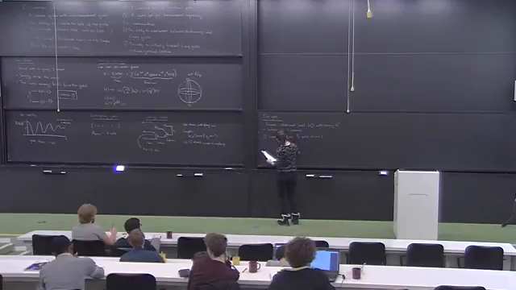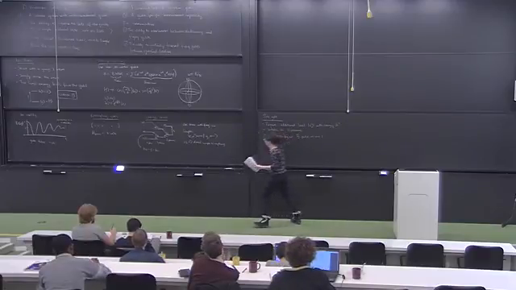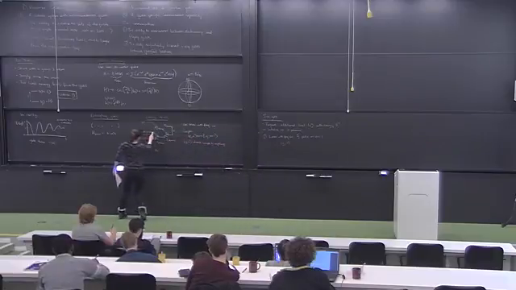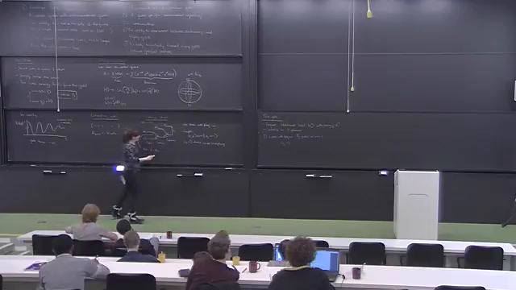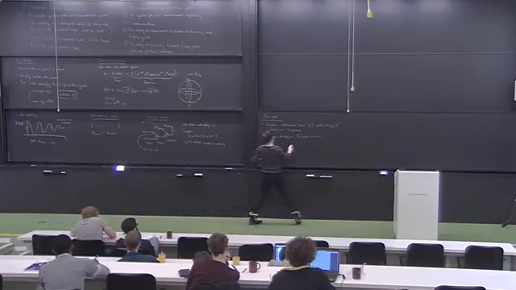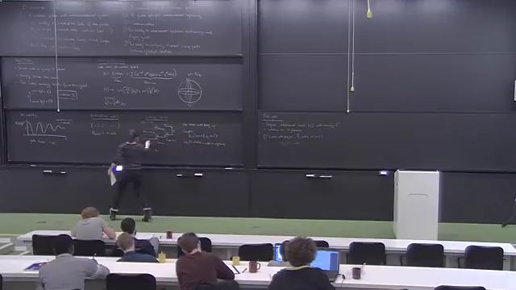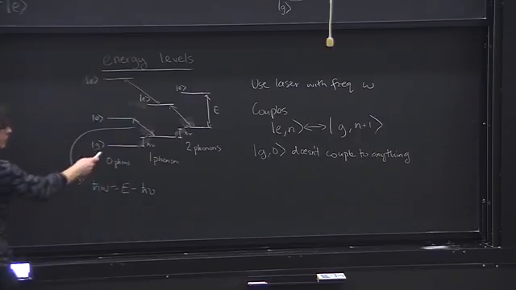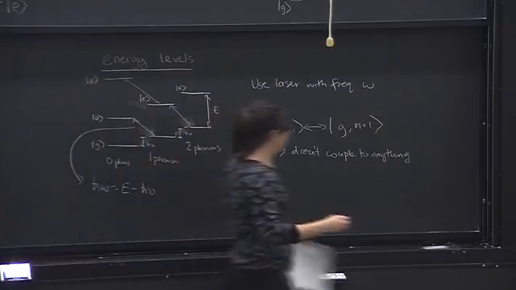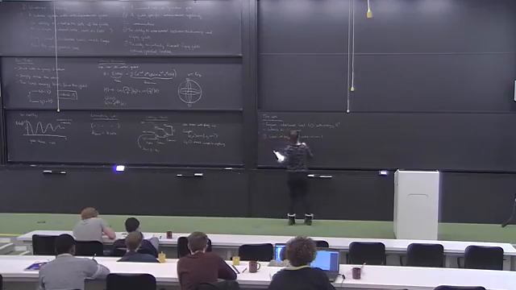So I can tell you how it acts on the logical states. The pulse that we're applying is between these levels, that's the first one. If we start off in the ground state with 0 phonons, then nothing is going to happen because this level is not coupled to anything.